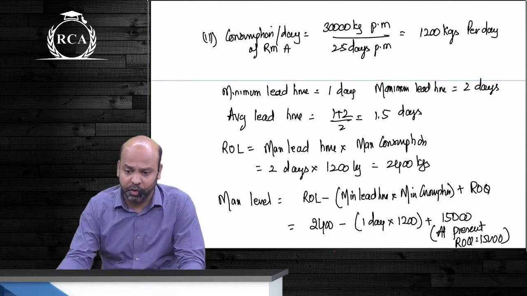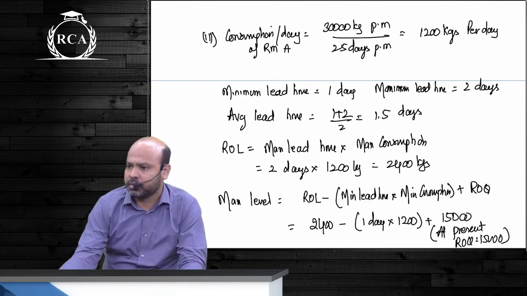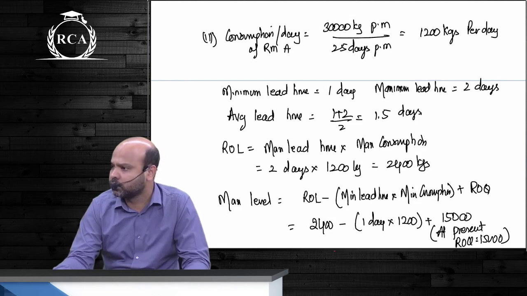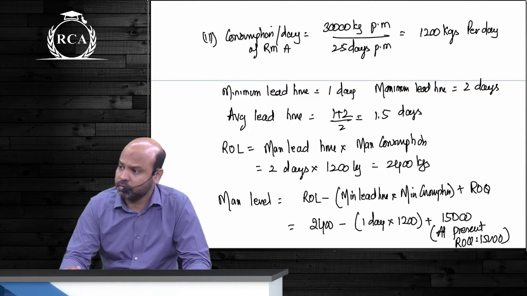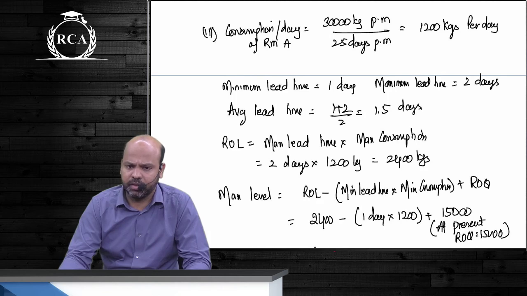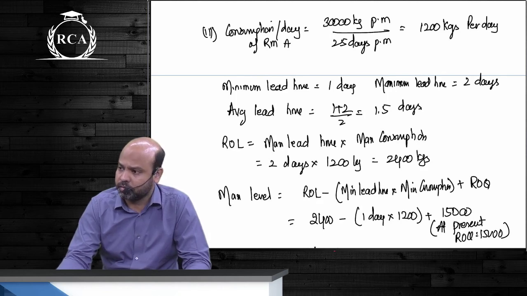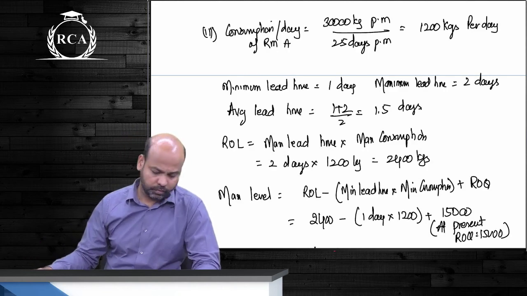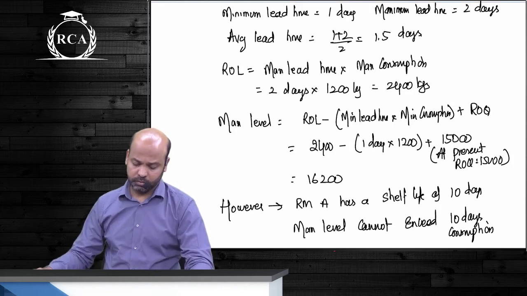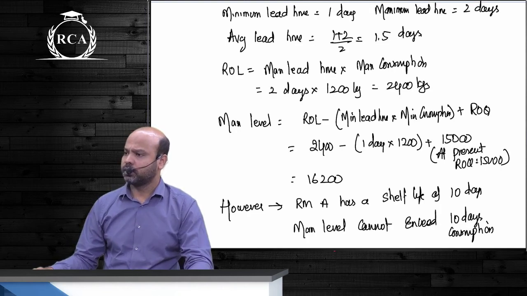Because of the perishable nature, we are writing that you cannot have more than 10 days' stock. You can all write it in a bit of short form, beta.